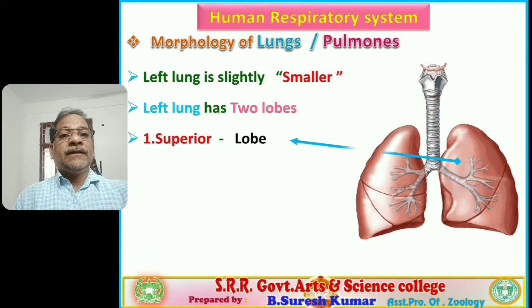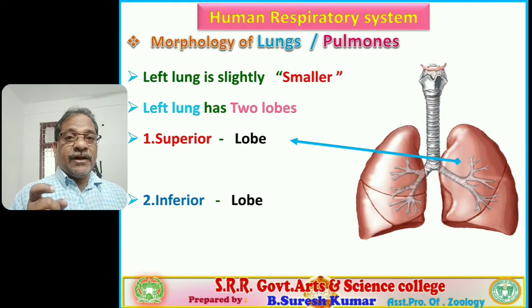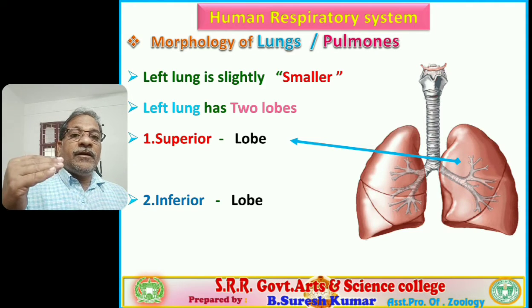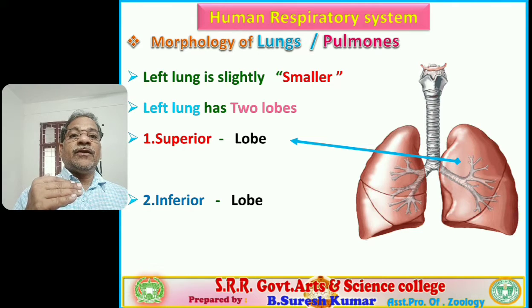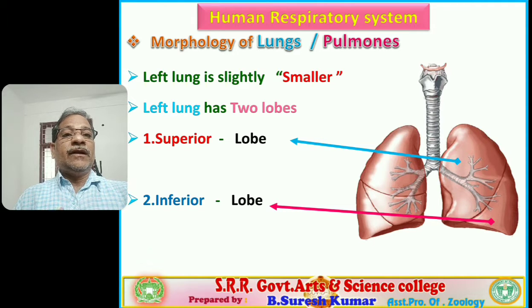And the second one is the inferior lobe, present at the bottom, lower side, hence termed the inferior lobe. So the lobes of the left lung are the superior lobe and the inferior lobe. Followed. So next, let's discuss the right lung.